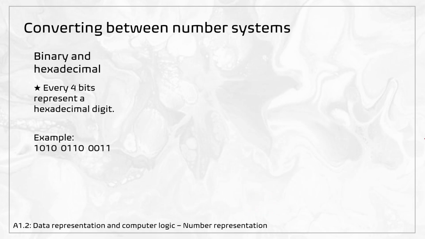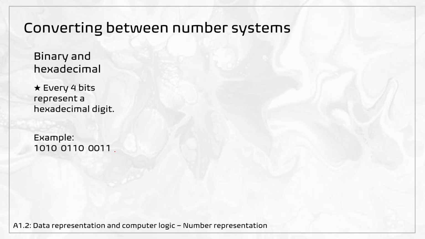Now let's go over how to convert between the three number systems. The main reason why hexadecimal is so useful is because binary and hexadecimal are super easy to convert between. You just have to know that every 4 bits in binary represent a hexadecimal digit. So let's work through this example right here. I've split this binary number into groups of 4 for the sake of convenience.